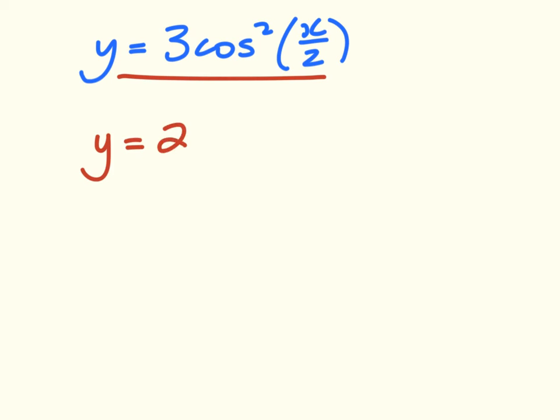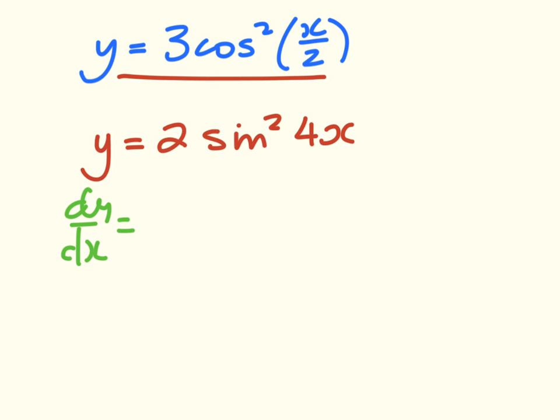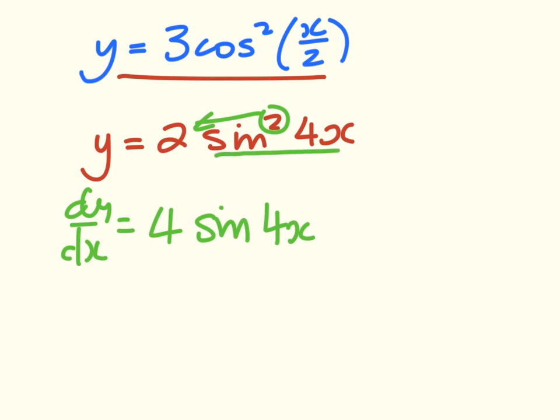So I'll do y equals 2 sine squared 4x. So when I differentiate this, the power comes down the front, so it becomes 4. The power decreases by 1, so that gives you 4 sine 4x. Now you're not quite finished here because you've still got sine 4x to differentiate as well, because you've got a power function and a trig function.